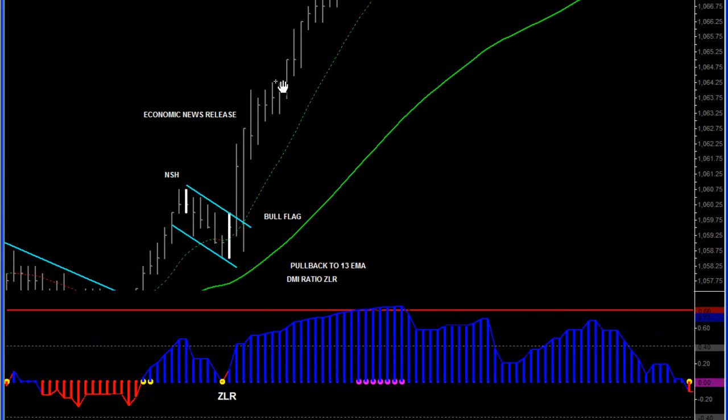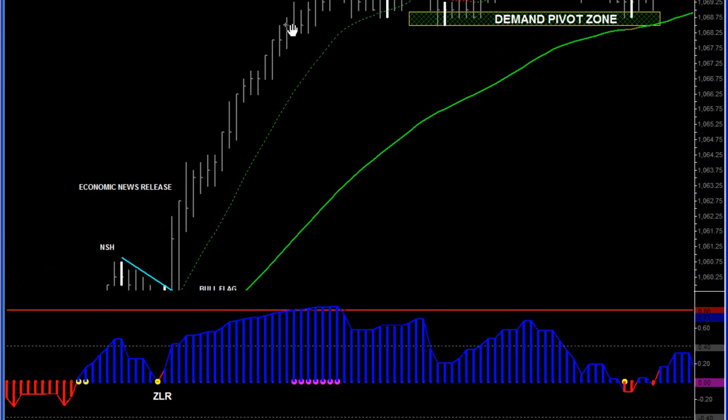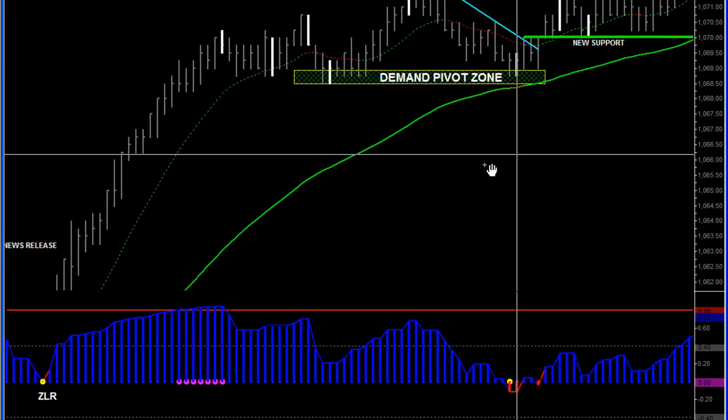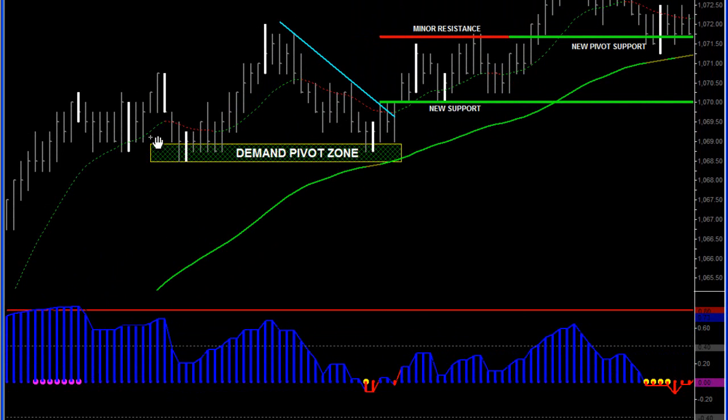So, having missed the actual economic release, because most of us in the room pretty much are flat right around the 10 o'clock release period anyways, but prior to that we had a nice opportunity to be flat. In this particular case, price jammed up pretty significantly on good positive news. That's fine. Does that mean that all the opportunities are lost? No, absolutely not. We have to wait for the market to settle down, for structure to reform, and find where a pivot zone is going to be, whether it's pivot high supply or pivot low demand.